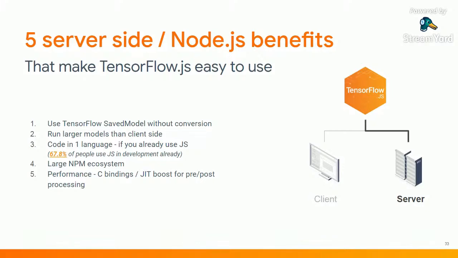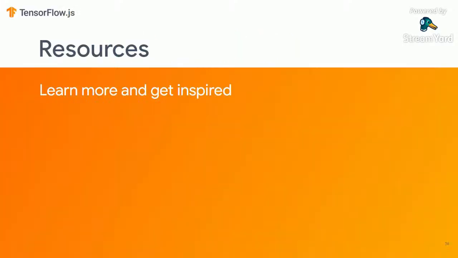And then in terms of performance, our fifth point, as we spoke about, we have the same C bindings to TensorFlow. So you get the same acceleration on the graphics card as you do in Python. But if you have the pre and post processing written in Node.js, you can actually run even faster due to the just-in-time compiler that we spoke about.